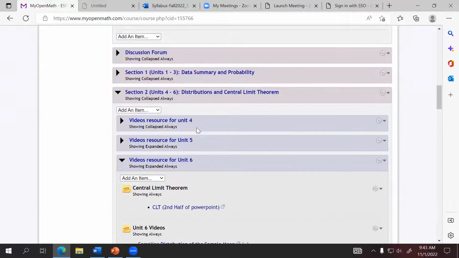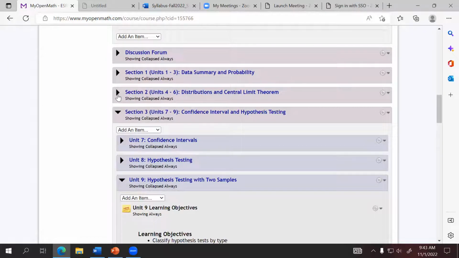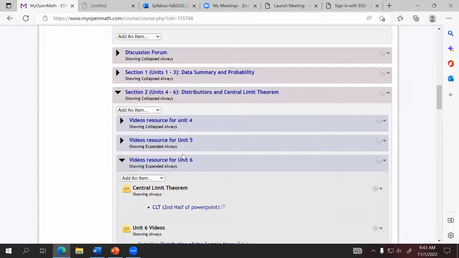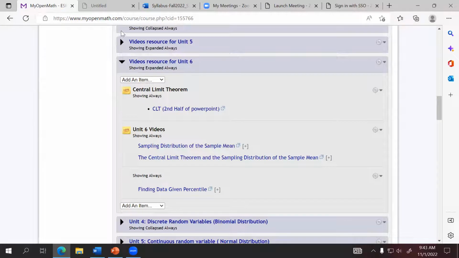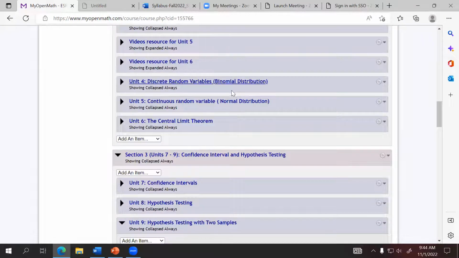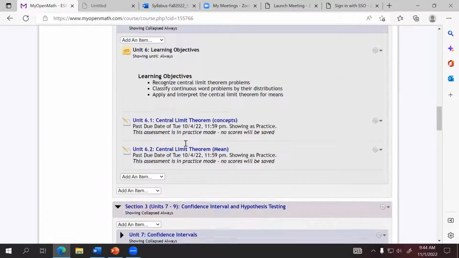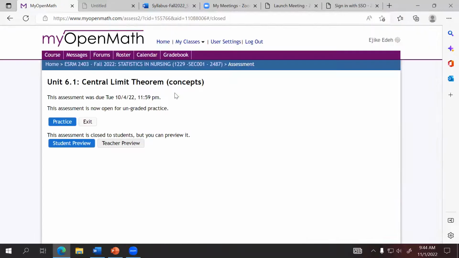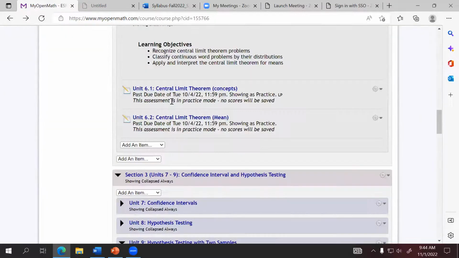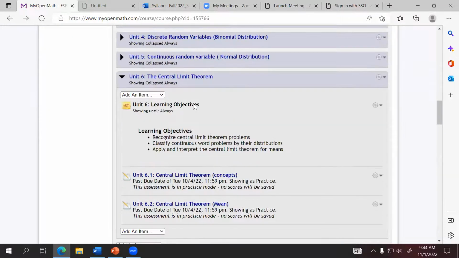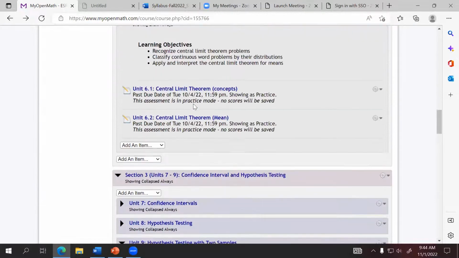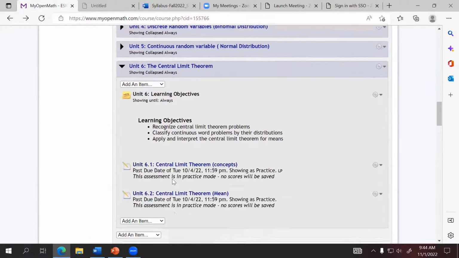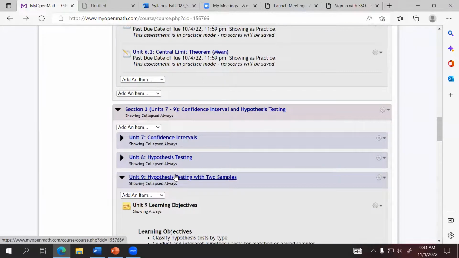Unit 7. Okay, it should be in this section. It's the central limit theorem, I believe. Yeah, so it should be here, unit 6. Okay, maybe I don't have the PowerPoint, sorry, but I thought I did.